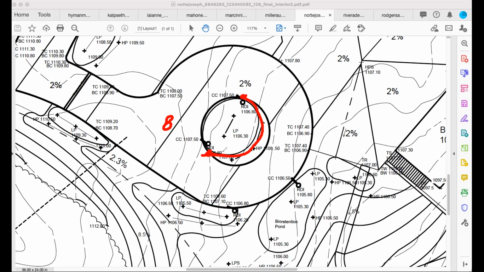Your LP. Okay. Your RDI is 6.8. Then you would also have a 7 contour. You would have 2 contours actually. That's correct.